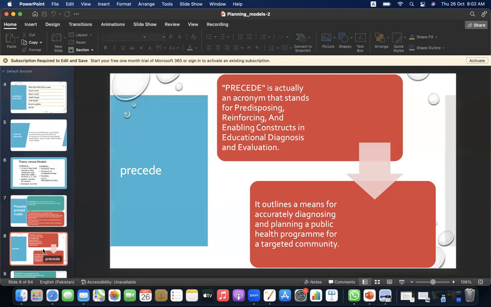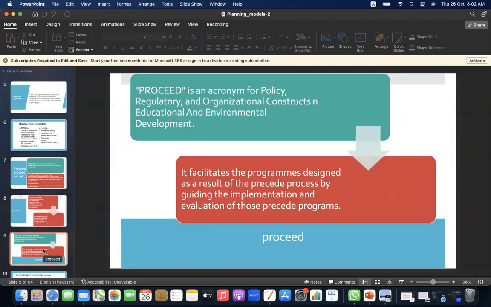It outlines a means for accurately diagnosing and planning a public health program for a targeted community. PROCEED is an acronym for policy, regulatory, and organizational constructs in educational and environmental development. It facilitates the programs designed as a result of the PRECEDE process by guiding the implementation and evaluation of those programs.